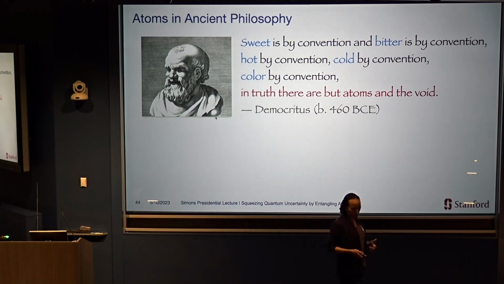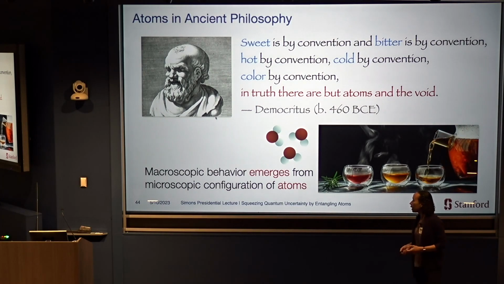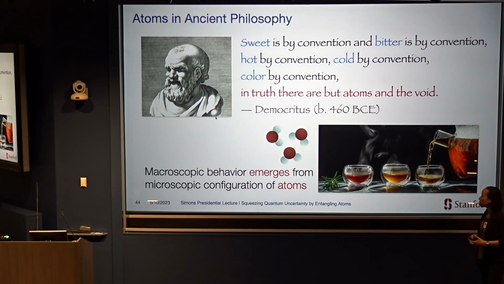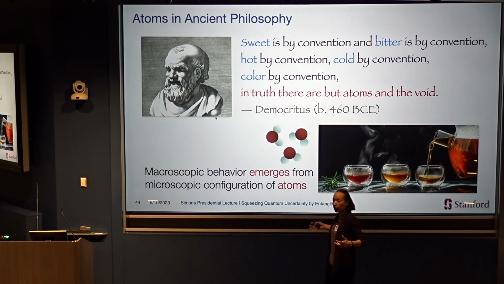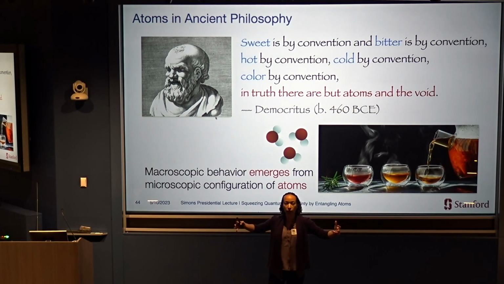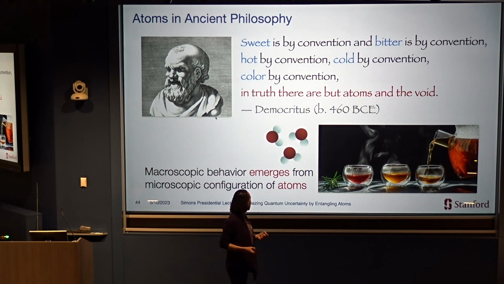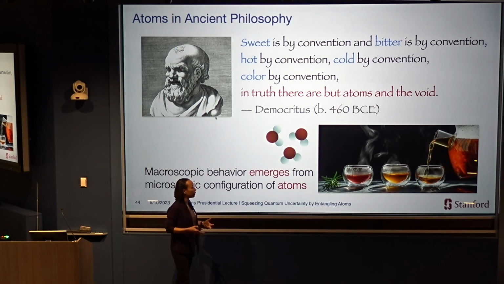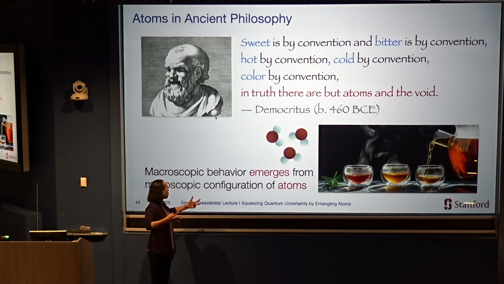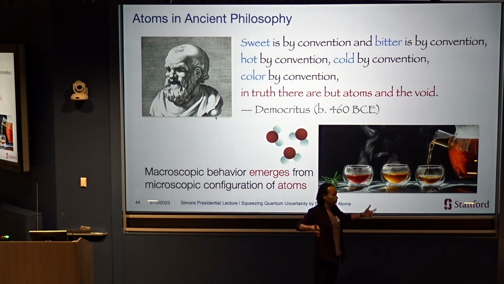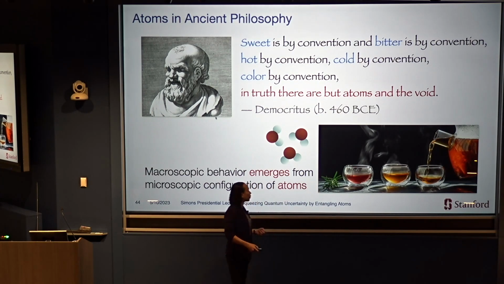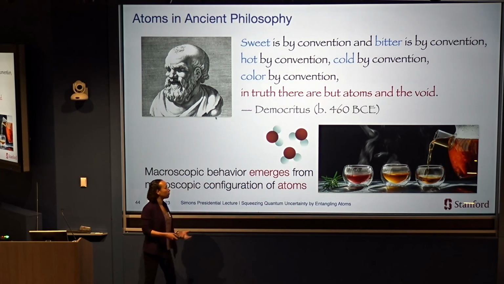To put this in more modern language, Democritus really was putting forward this notion that the macroscopic behaviors, taste, temperature, color that we observe are emergent phenomena where the microscopic building blocks are configurations of individual atoms. But there's some new macroscopic behavior that emerges. These days, that's well understood for things like temperature and color. And as I said before, we can even look at individual atoms in the lab.